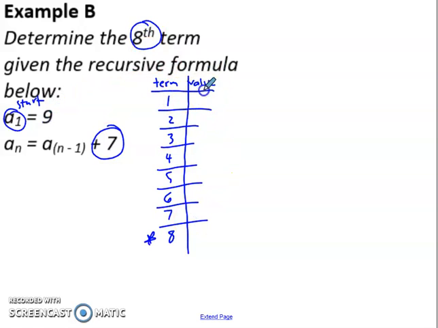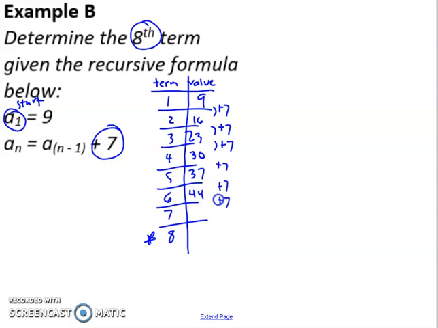All right, I start at 9, add 7. So 9 plus 7 is 16. Plus 7 is 23. Plus 7 is 30. Plus 7 is 37. Plus 7 is 44.